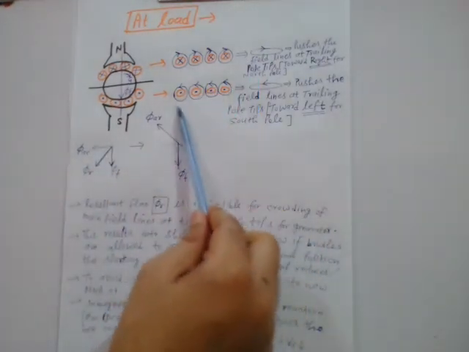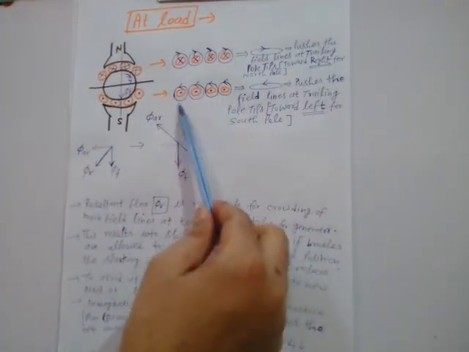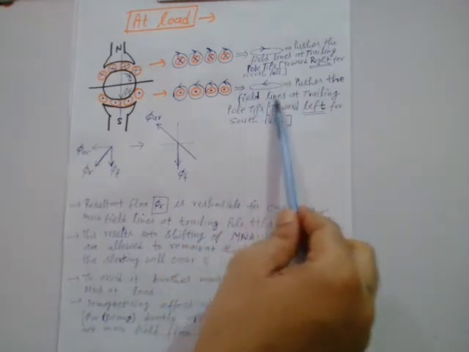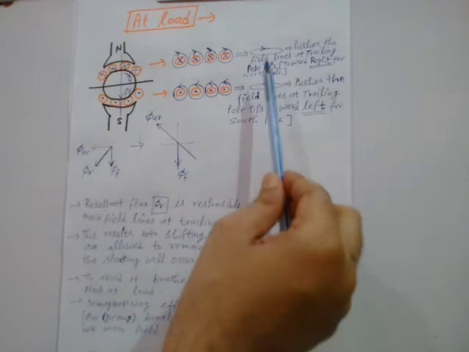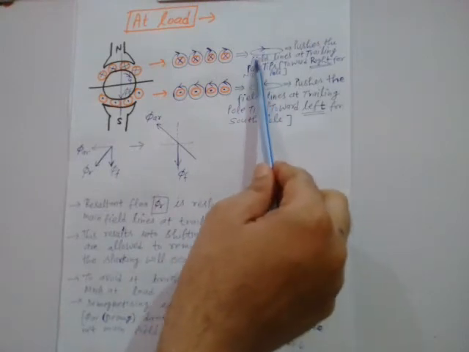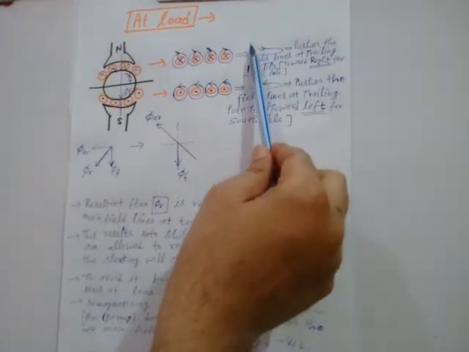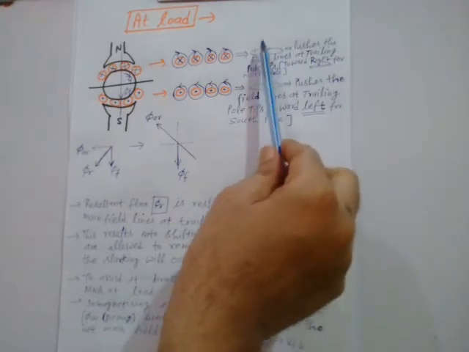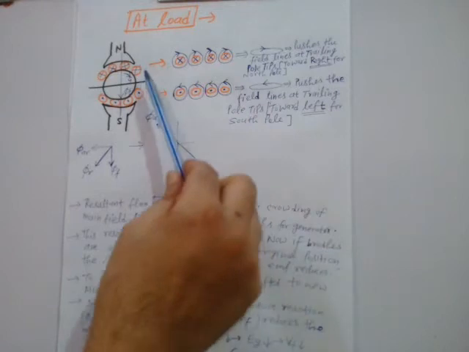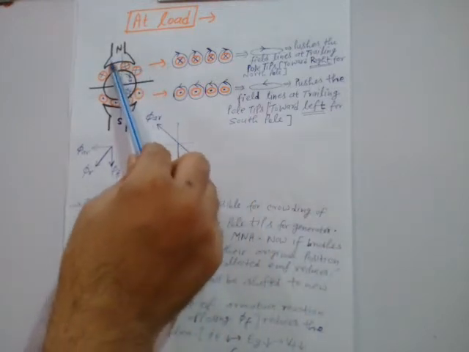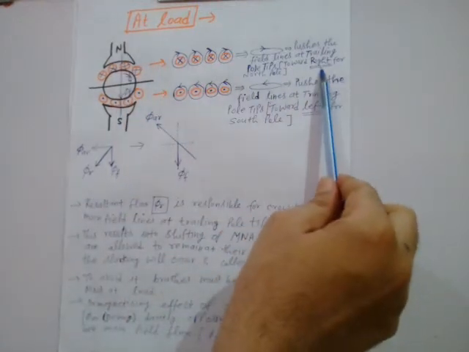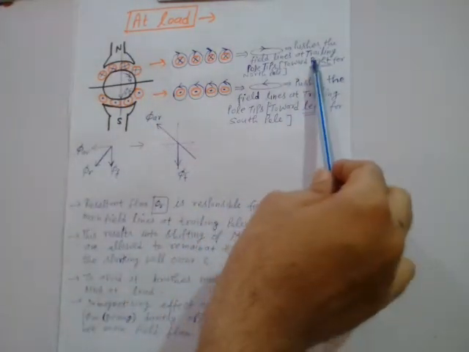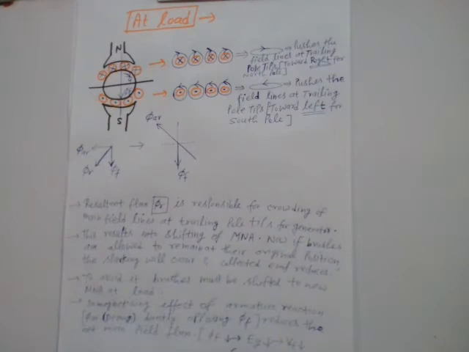And when you take these four dots, the resultant effect will be anti-clockwise, right. So due to this cross, the resultant is clockwise. So these field lines will be pushed toward the right end of this north pole, which is basically the trailing pole tip, right.